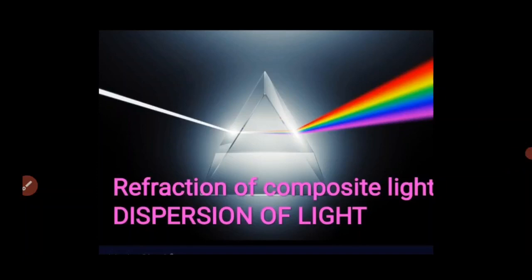This phenomenon is known as dispersion of light. In this picture, the white light is incident on the prism from the left side, and then it emerges from the prism refracted as the 7 colors. This process, the splitting of white light into its constituent colors, is known as dispersion of light.